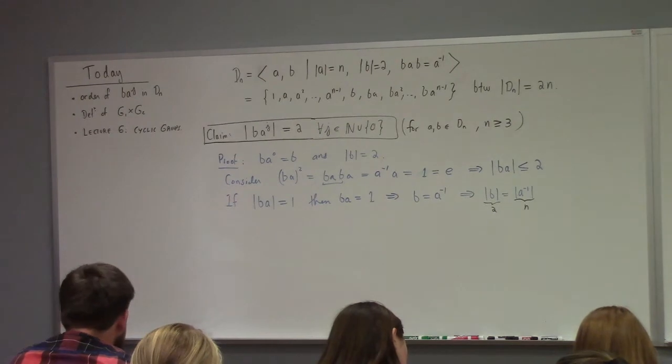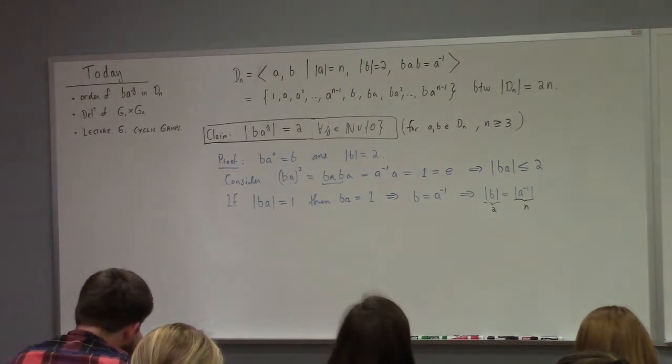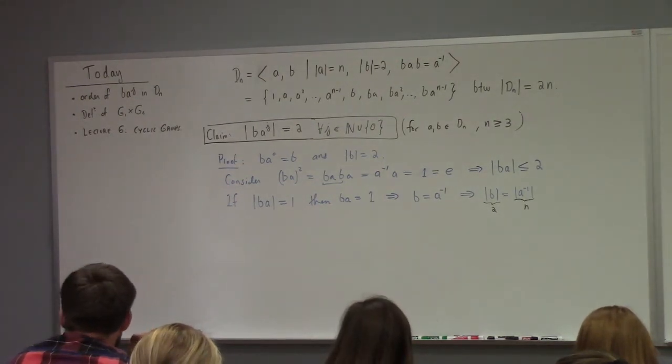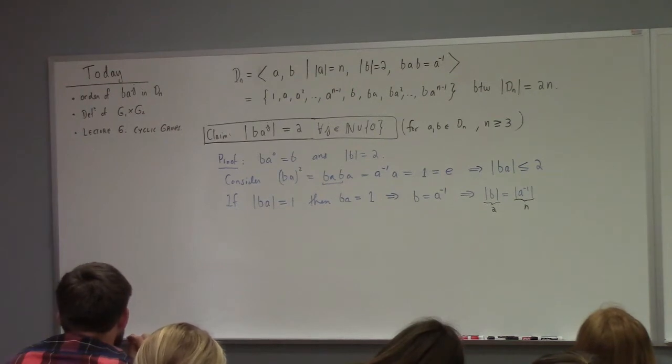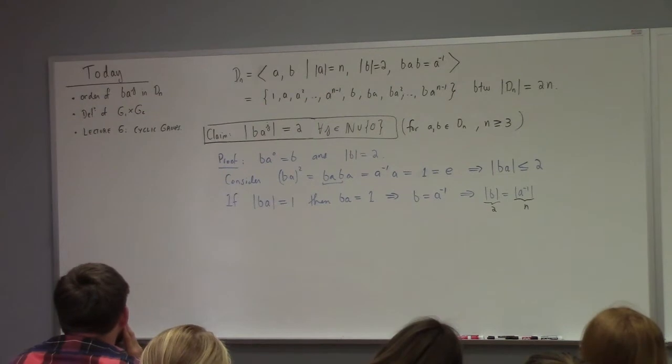I have a quick question about what you just said. By what rule do we know that if b is equal to a inverse, then they're of the same order? If they're the same element, it has the same order. When I write b equals a inverse, that means b and a inverse are the same element.